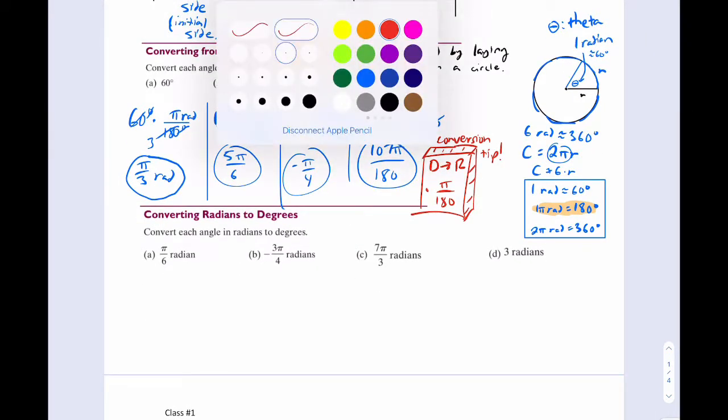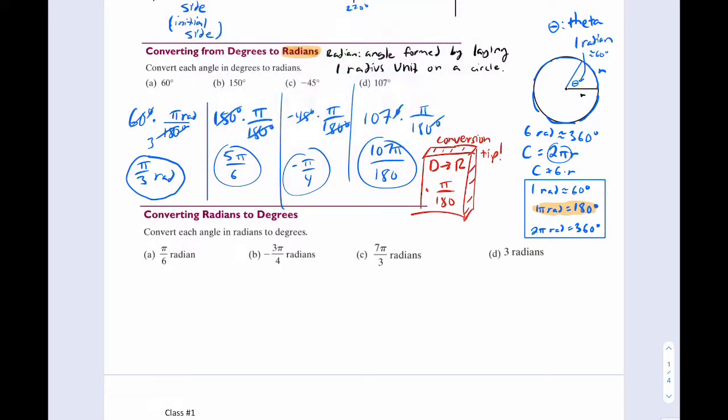So our next part is going to be going the opposite direction. So we have pi over 6 radians, so multiply by the reciprocal, 180 degrees over pi. And again, you can write radians, but it's not necessary. These cancel out. This reduces. Your answer is 30 degrees.